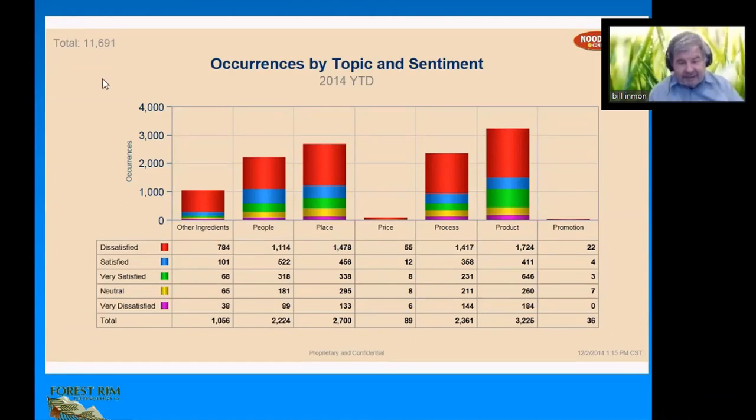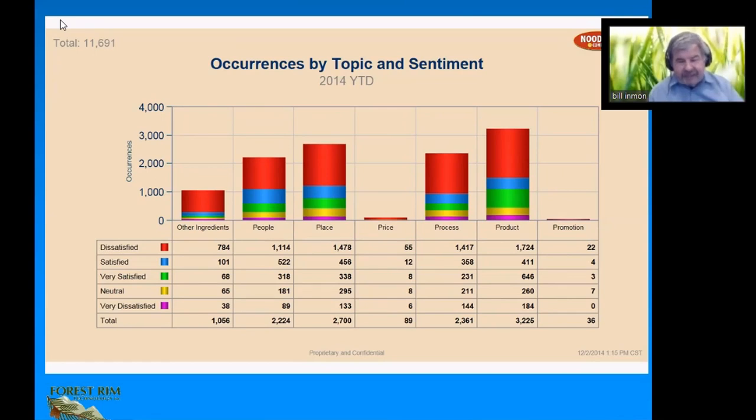And then we went in and identified the comments by how happy or sad people were to be there. And we see that things that are in red are dissatisfied, things that are in green are very satisfied, etc., and so forth. So this is the graph that we created from the comments that people were making about the restaurant.